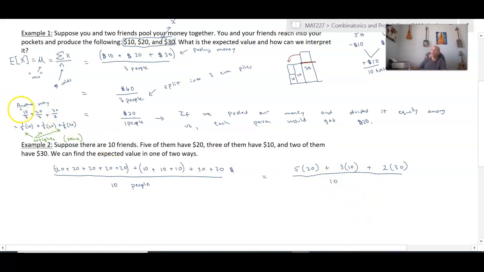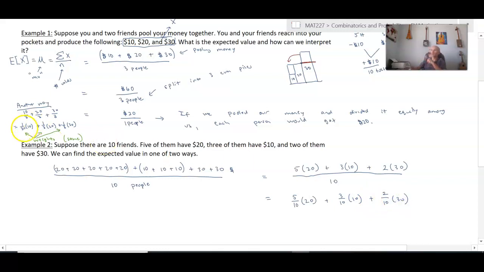Now, if I implement this other way here, then I can actually split this up into 3 separate fractions: 5 times 20 over 10, or 5/10 of 20, plus 3/10 of 10, plus 2/10 of 30.